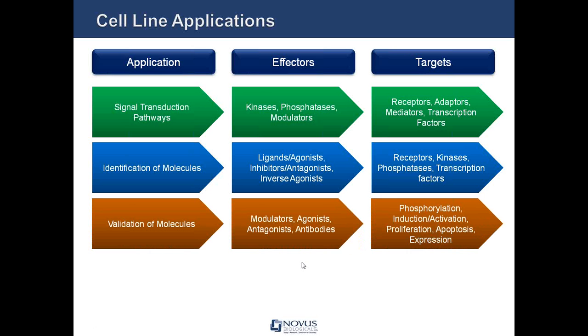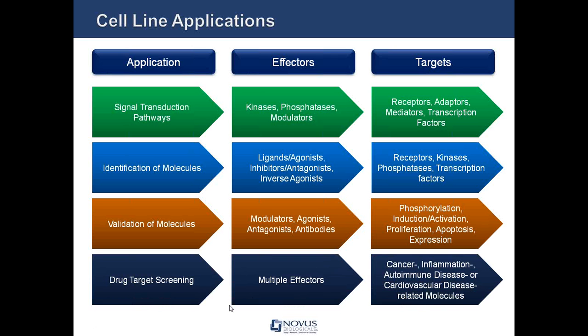Or you can validate molecules using LUCPorter cell lines. The effectors can be modulators, agonists, antagonists, or antibodies. The targets can be specific protein, specific molecular phosphorylation, or induction activation, or cell proliferation, or apoptosis, or specific protein expression can be targets.